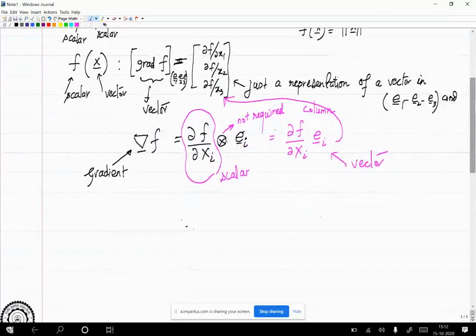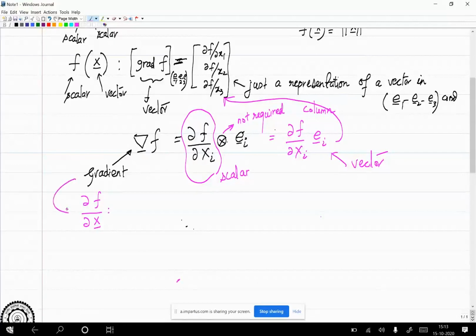In several places you will also see them write it as del little f by del big X. So basically it's the derivative with respect to a vector. Till now we know how to take the derivative with respect to a scalar, but now we are talking about the derivative with respect to a vector.